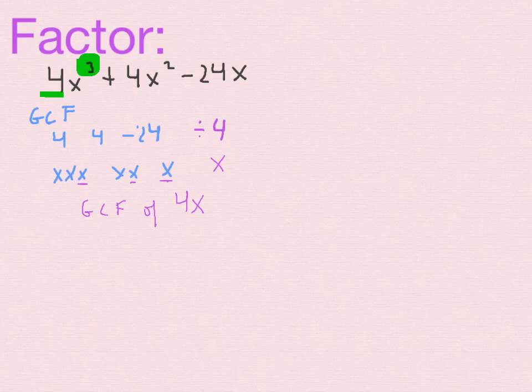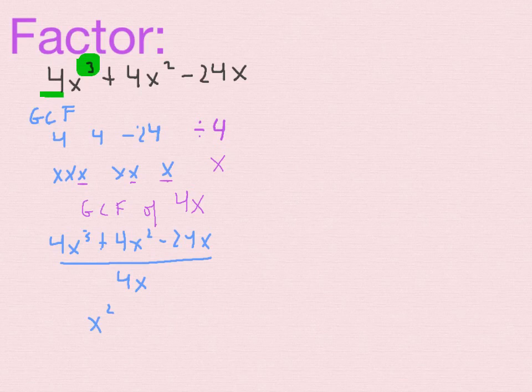So the first thing I'm going to do is divide out that GCF. So I've got 4x cubed plus 4x squared minus 24x, and I'm going to divide all that by 4x. As I do that, 4 divided by 4 leaves 1. X cubed take away an x leaves me with x squared.